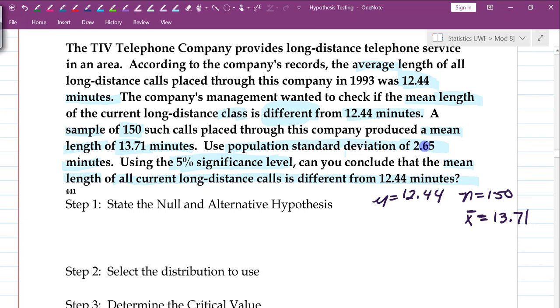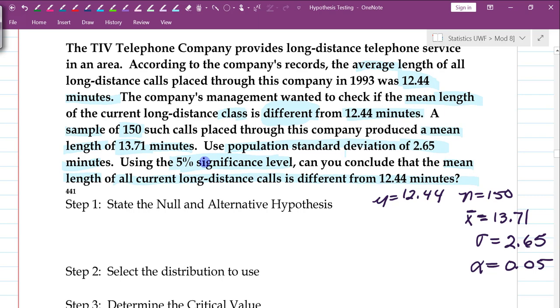It says our population standard deviation, sigma, is equal to 2.65 minutes. Then it says using a 5% significance level. This tells me that alpha is equal to 0.05, okay? Can you conclude that the mean length of all current long distance calls is different from 12.44? Okay, so I often write the alternative hypothesis down first and then write the opposite for the null, okay?